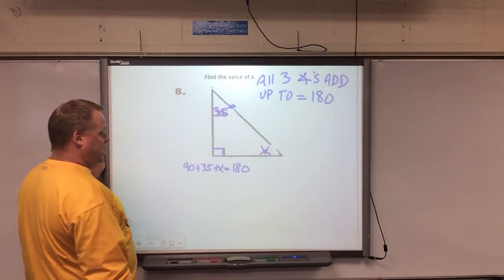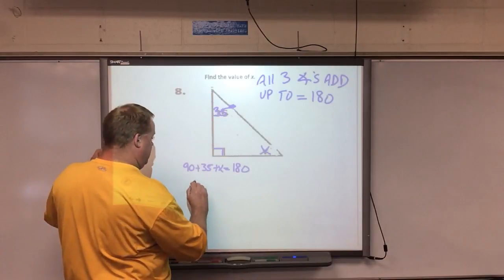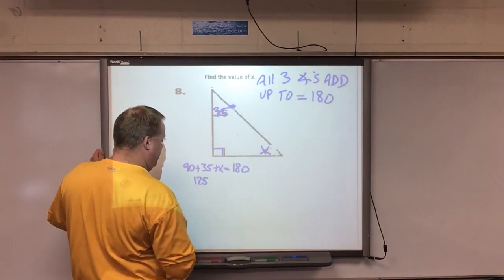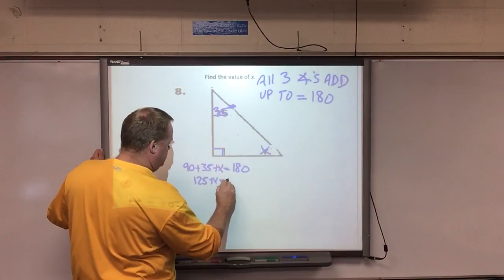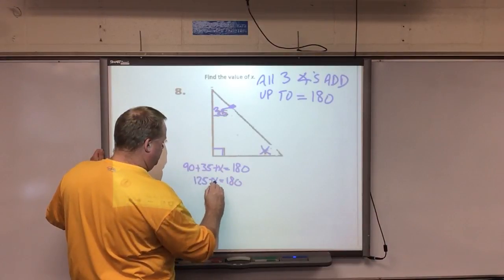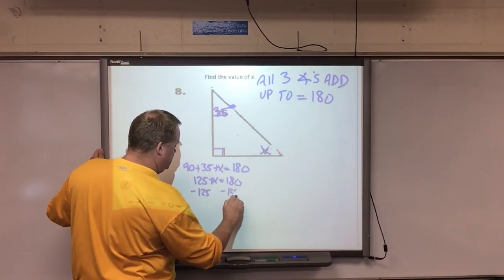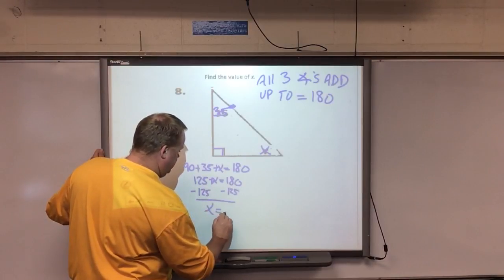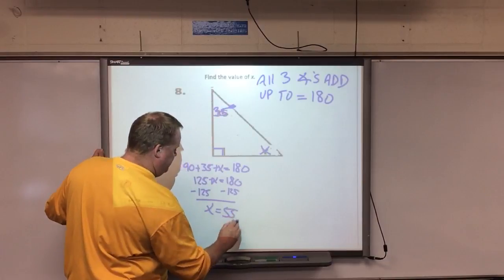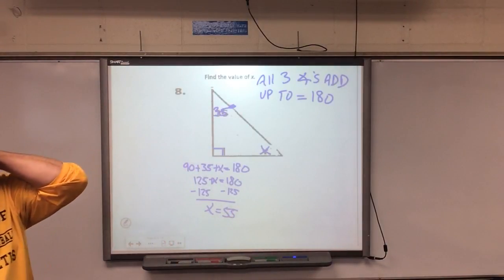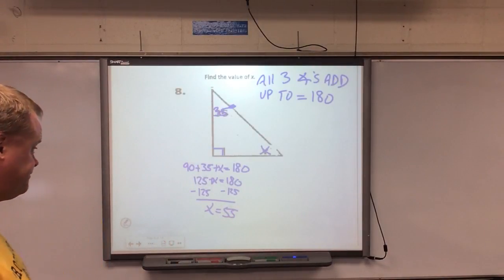Well, I know that 90 plus 35 is 125, plus X equals 180. Subtract 125 from both sides, and X is going to be equal to 55.